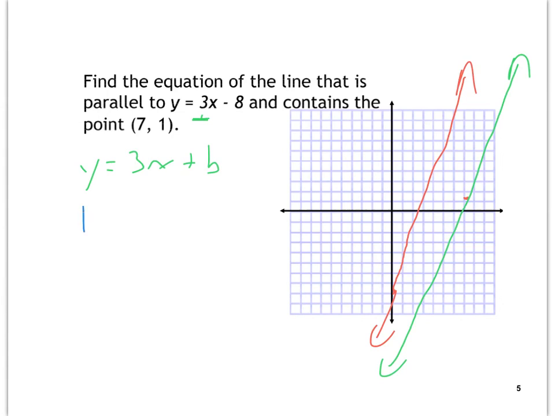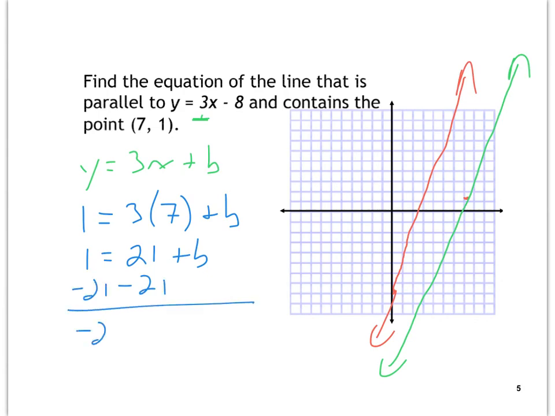So 1 is equal to 3 times x, which is 7, plus b. We're going to solve that for b. It looks like 1 is equal to 21 plus b. Subtract 21, subtract 21. Therefore, negative 20 is equal to b. The equation of my line is, I'll do this in yellow, y equals 3x minus 20.